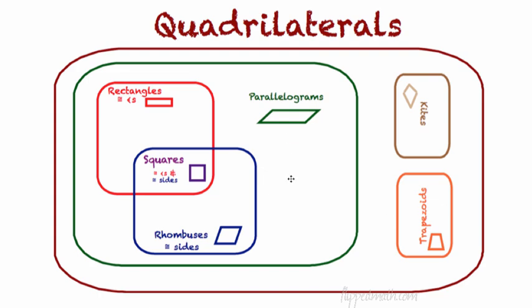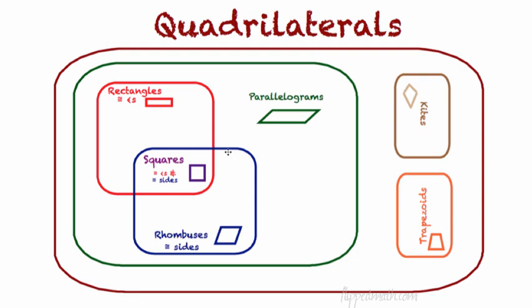Okay, so we come over here to the green. That represents all the parallelograms, and if you notice, rectangles are completely contained within the parallelograms, and rhombuses are completely contained within, and there's a part that overlaps, and those are called squares. So squares are a subset of rectangles. Every square is a rectangle. Is every rectangle a square?